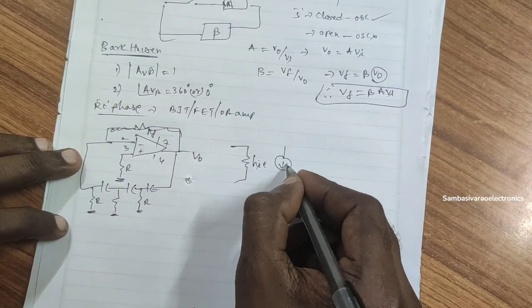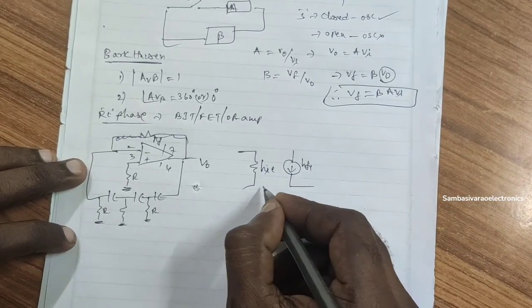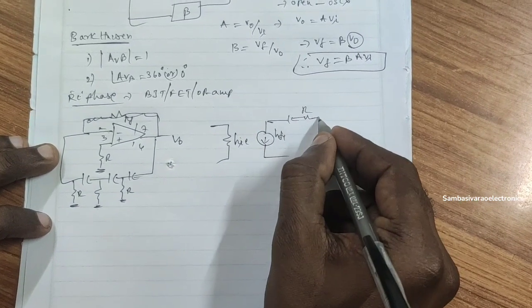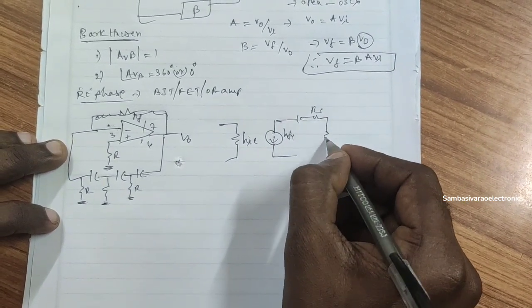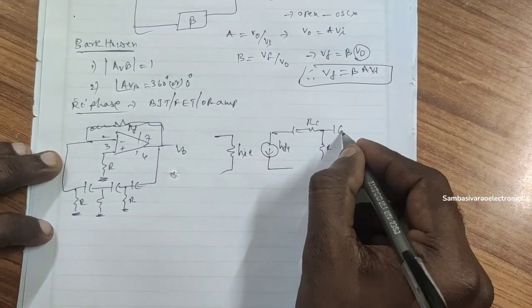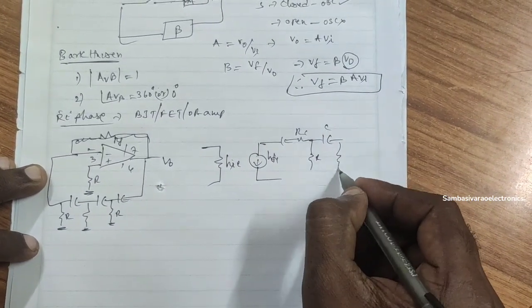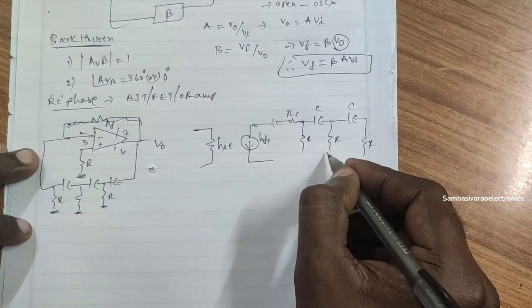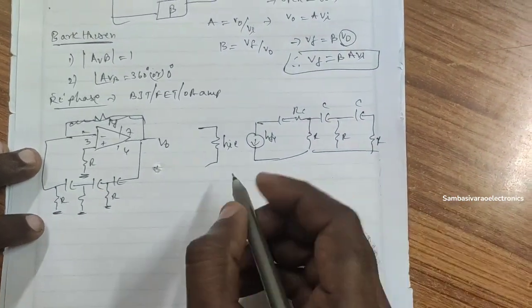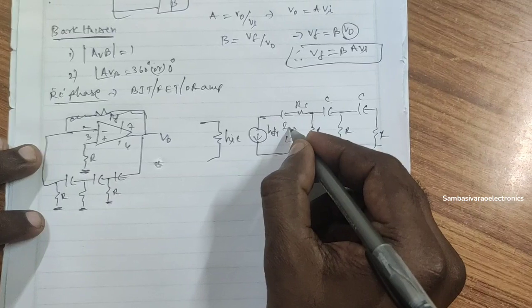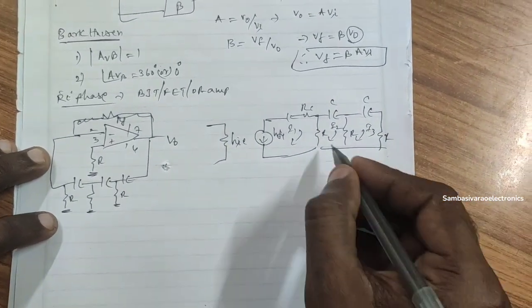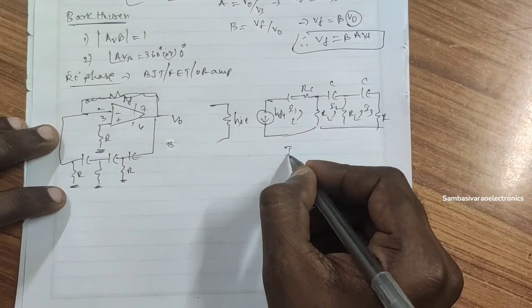The entire circuit can be analyzed using the hybrid equivalent model. We have four parameters, out of which only three are used here. We have three RC sections. The first flowing current is I1, the second is I2, and the third is I3.